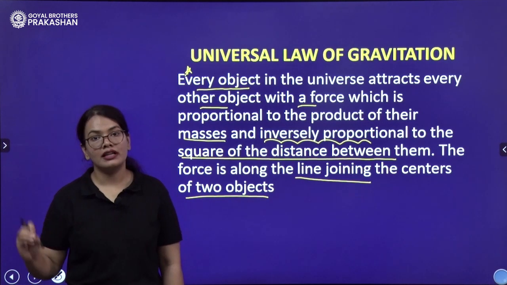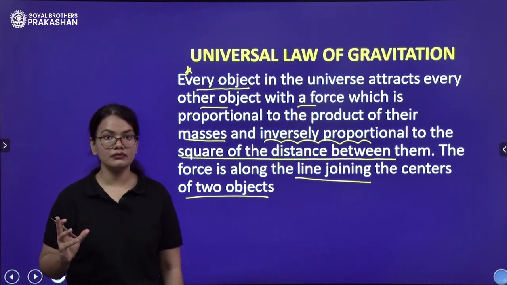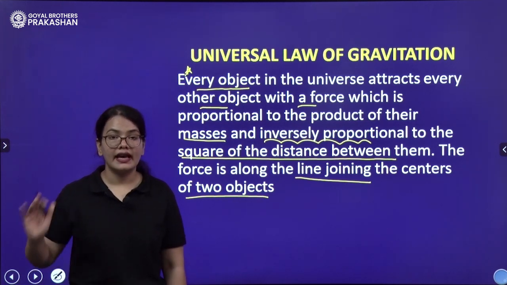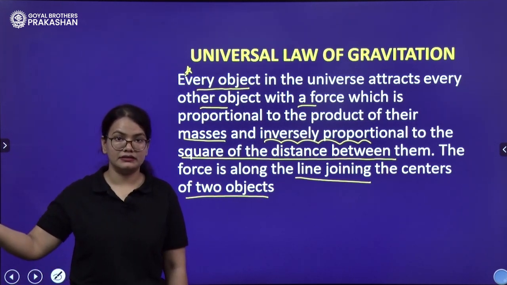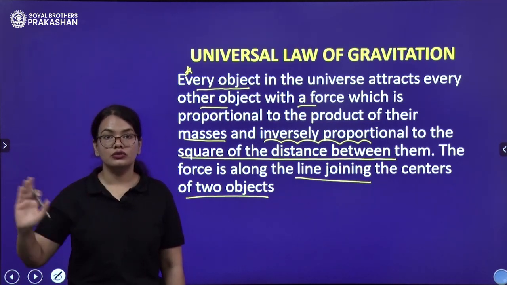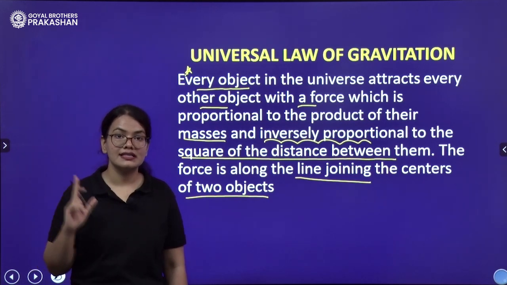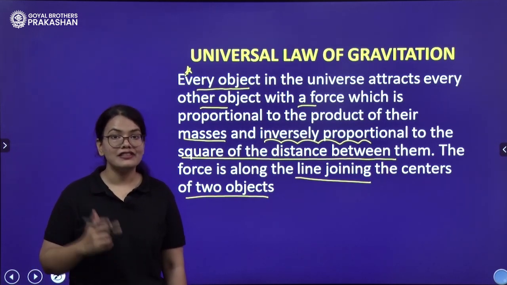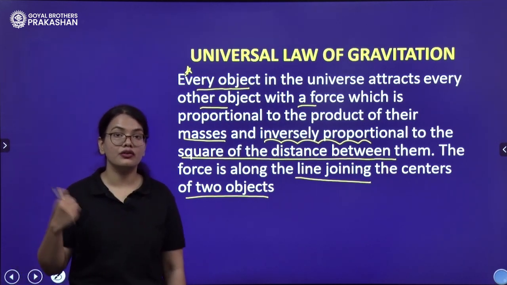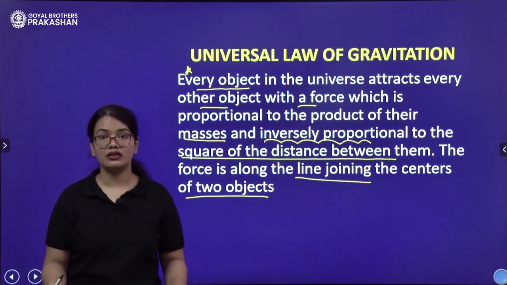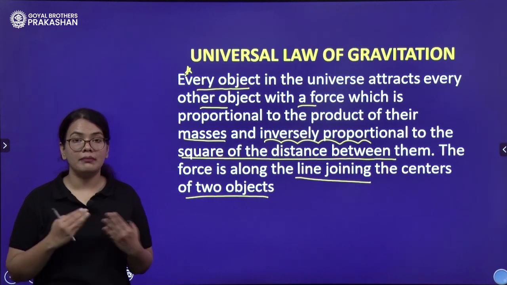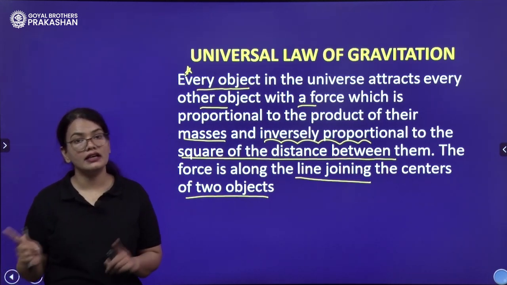And what does it say? That every body in the universe. This is a very big statement. That means anything which is around us, anything which is beyond this planet, beyond our solar system, all those bodies, even celestial bodies, stars, planets, asteroids, comets, everything, also everything on the earth, tree, human body, these benches that you see in your classrooms, the table on which you are sitting, every body applies a force on the other body.